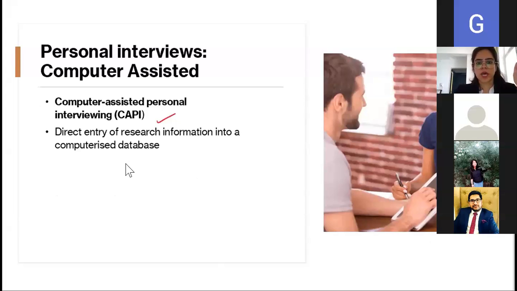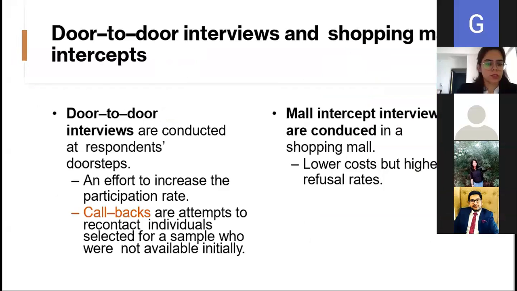And then you get direct data from the backend. So door-to-door interviews and mall intercepts. In mall intercepts, you have lower cost, but you have higher refusal rates. And in door-to-door interviews, like we discussed, the costs are higher, but the refusal rates are low.